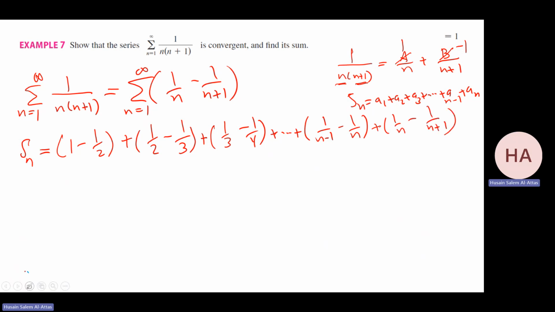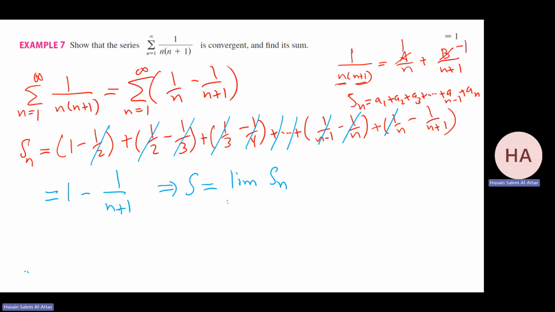So now I have this cancel this, this cancel this, and so on, so I have Sn equal to 1 minus 1 over n plus 1. So S will be the limit of Sn as n goes to infinity, which is the limit of 1 minus 1 over n plus 1, and that's equal to 1.